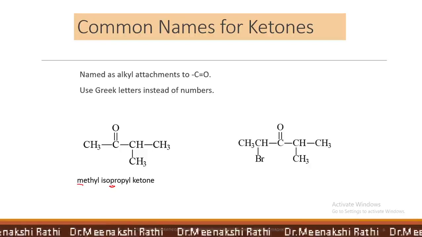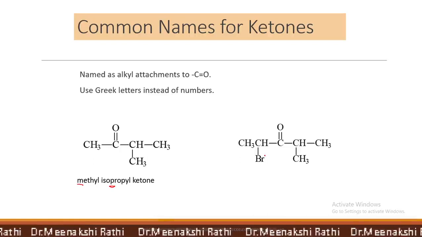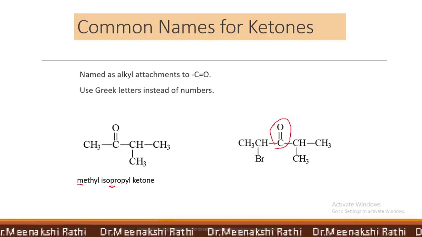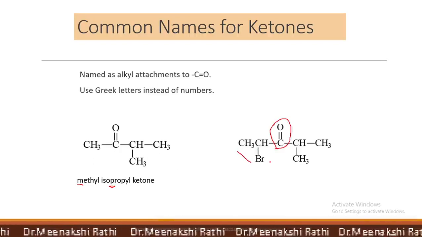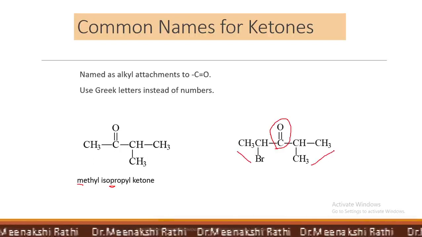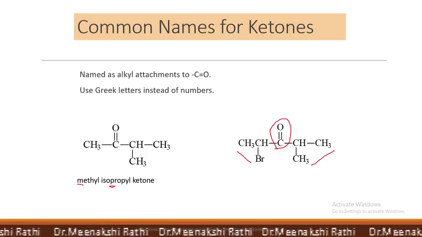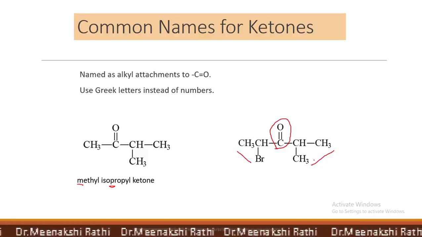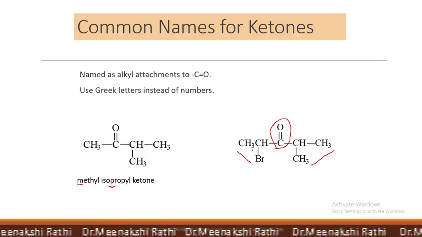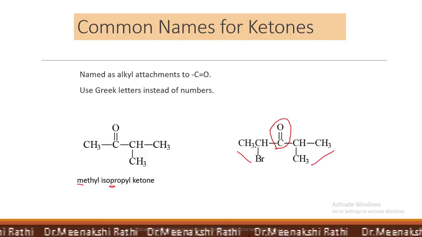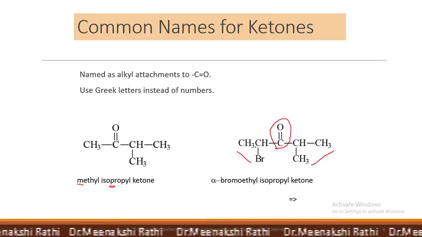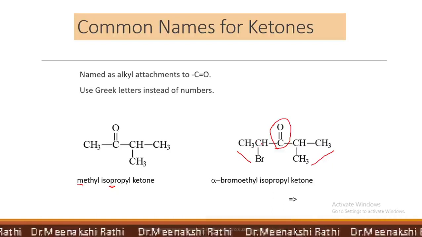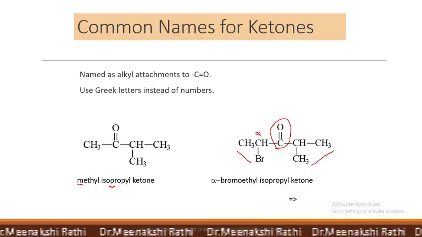See here, next example. Here you can see this is a carbonyl group. To this carbonyl group, two different alkyl groups are attached. So, what is its name? One group attached is isopropyl, and to the other group bromo is attached, and bromo is attached to the first carbon. So this is known as alpha.